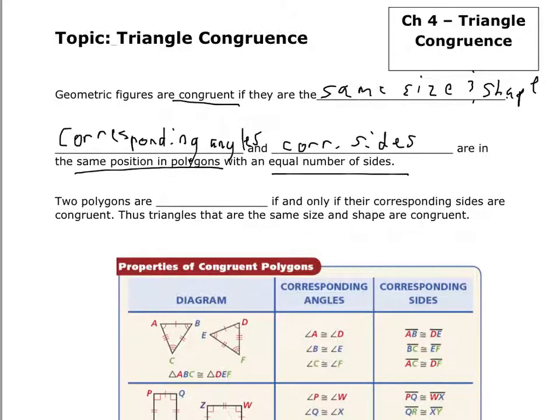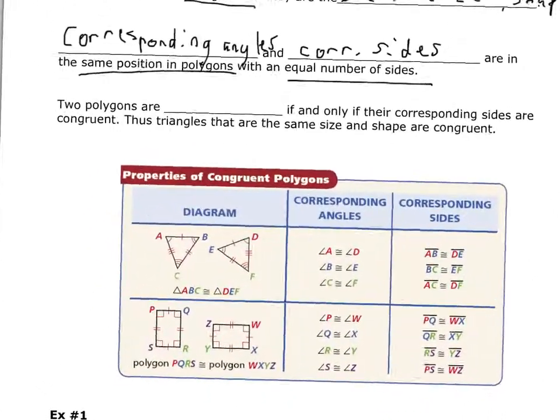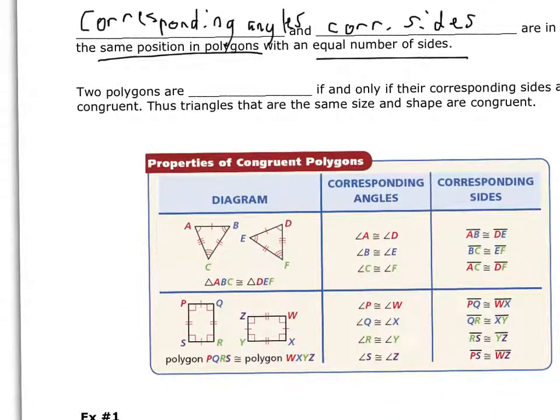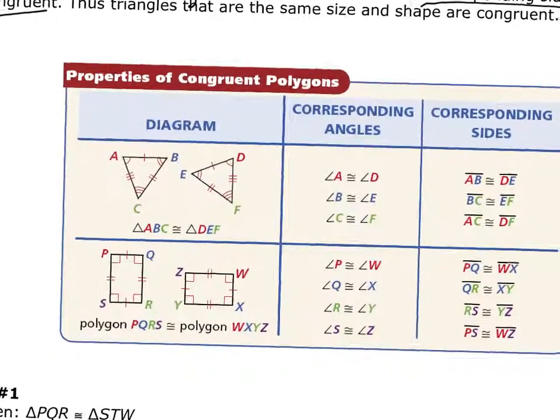Corresponding just means the same. The last thing: two polygons are congruent if and only if their corresponding sides and angles are congruent. So triangles that have the same size and shape are congruent. These are three different things you need to know.